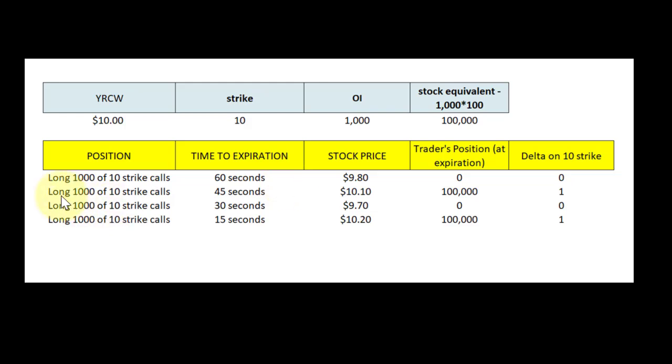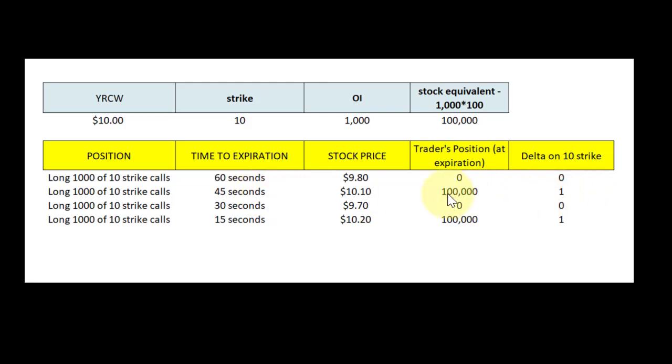Next example. If we're long 1,000 of the 10 strike calls and there's 45 seconds to go before expiration, if the stock's price is at 10.10, at expiration, we're long 100,000 shares of stock. The delta's probably about 1. The market's pricing in 100% probability with 45 seconds in this example.